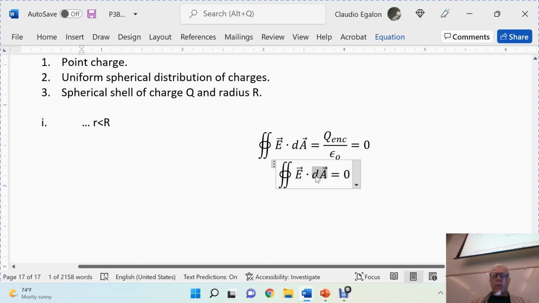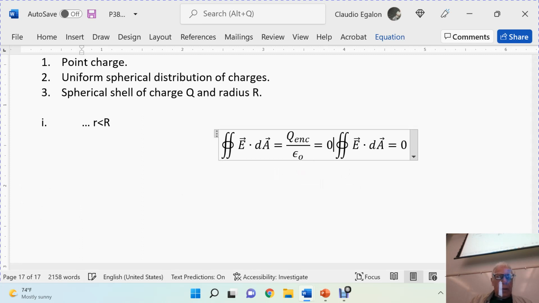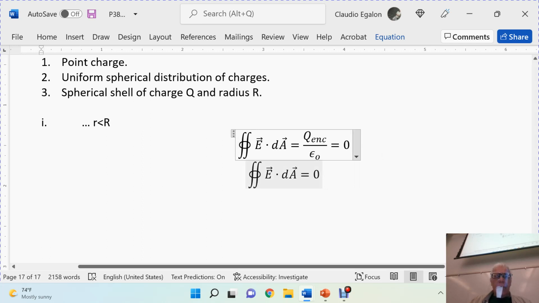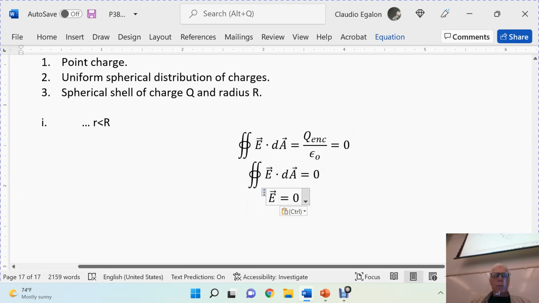If the area of the Gaussian surface is different from 0, it means that the electric field must be 0. So for the case that we have no charges inside the Gaussian surface, the electric field has to be 0. This implies that the E field is equal to 0.